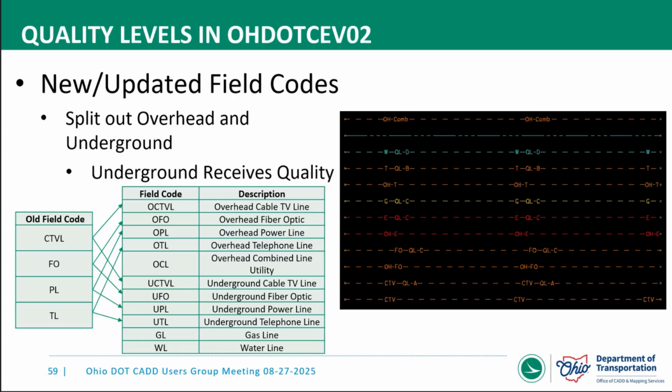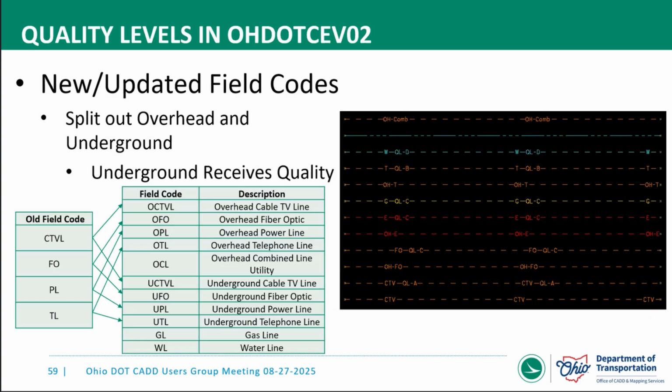So what we ended up doing was splitting out the overhead and the underground so that you can now code them separately. Before, with the old field codes, we basically had just these four: fiber optic, telephone, cable TV, power line. That's all we had.